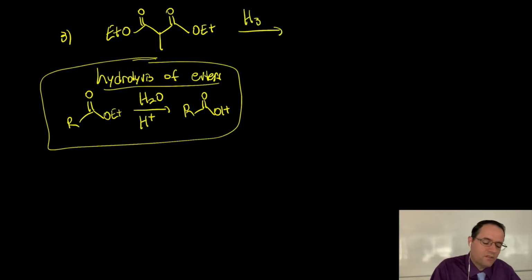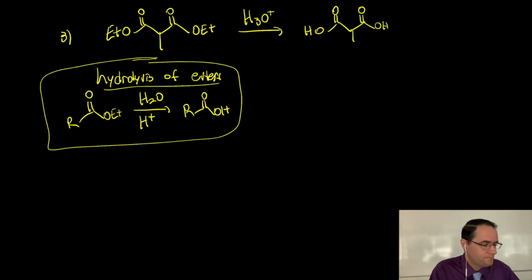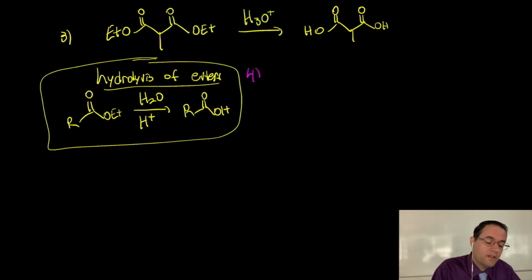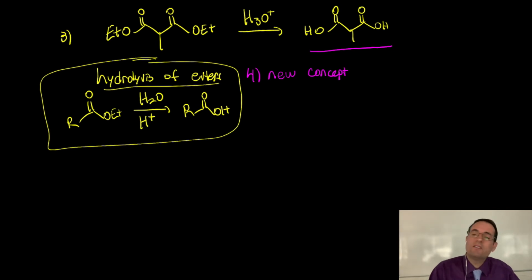If we treat this with H3O+, the reaction produces a 1,3-dicarboxylic acid. The only new thing here is that this substance is unstable and it decomposes to form carbon dioxide and a carboxylic acid.